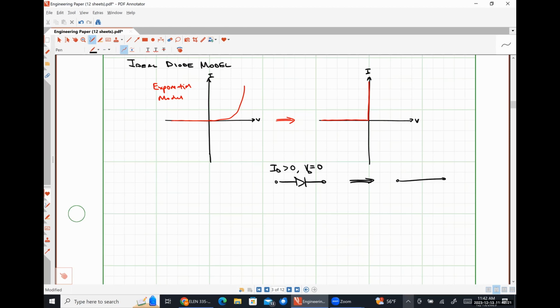Means we replace it with a short. And when VD is less than 0 volts, ID is 0, meaning under this case, we replace it with an open circuit. So fairly accurate to say it behaves similar to a switch. Absolutely.